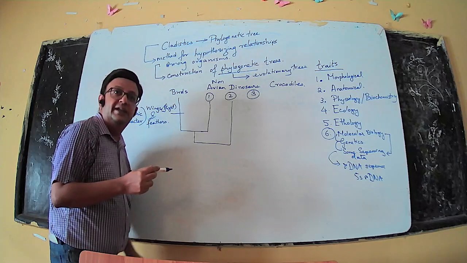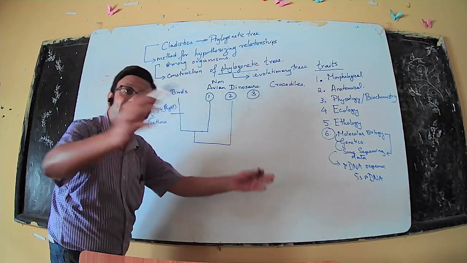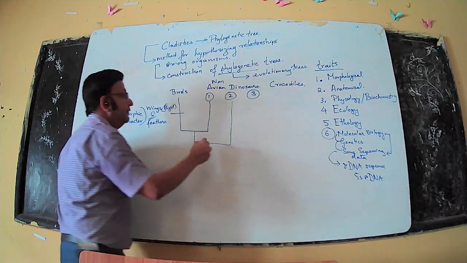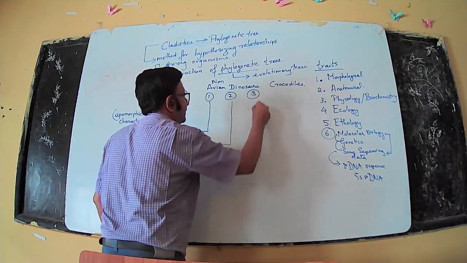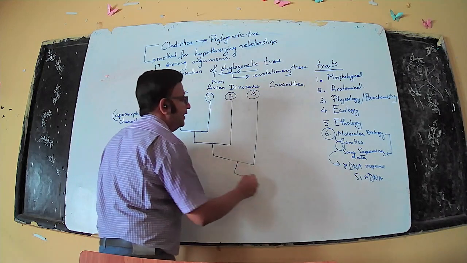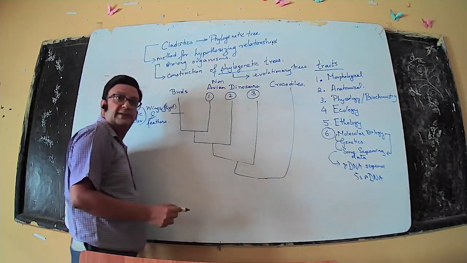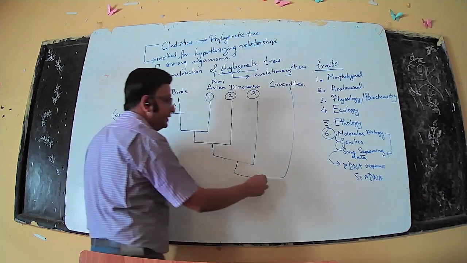Number 3, they have got 70 characters. They are much far away from birds. So they are even further away. And crocodiles, they are farthest away. Maybe they have got 50 characters common with birds. And so they are the most distant.